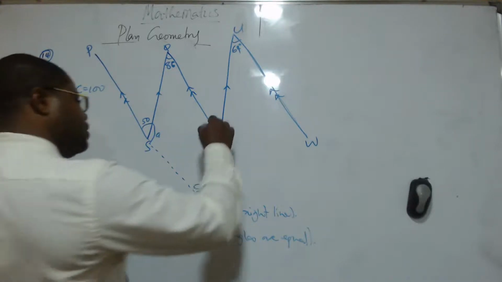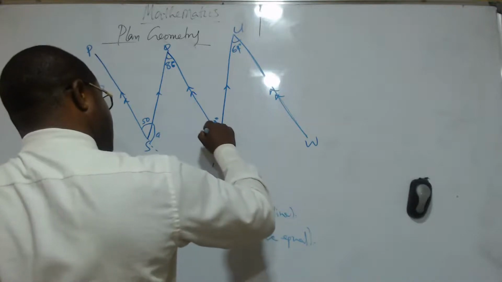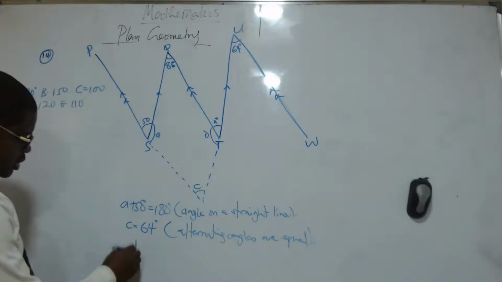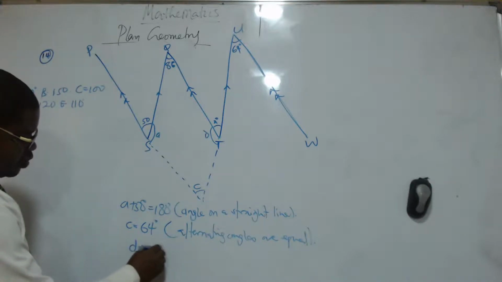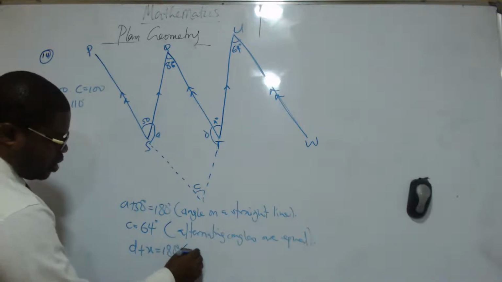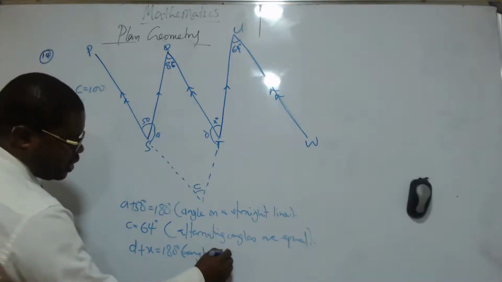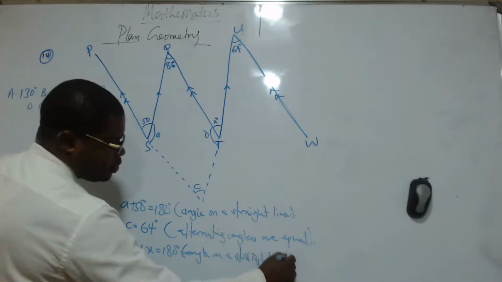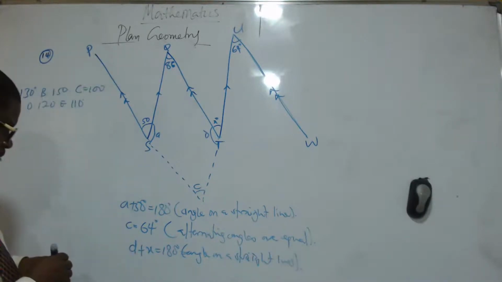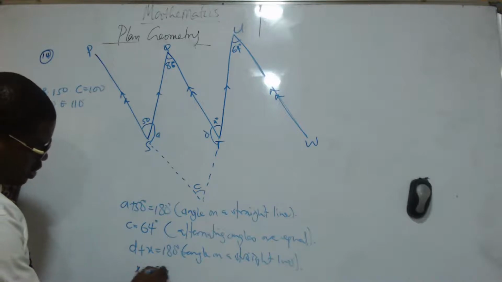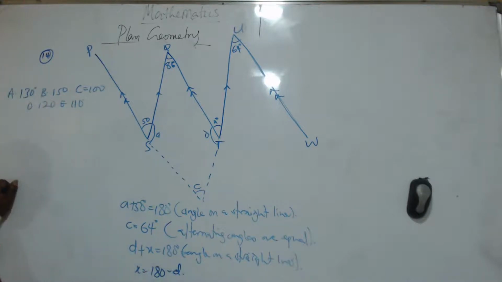Now name this side D. So you're going to have D plus X equals 180. Reason: we have angle on a straight line. Angle on a straight line is 180. So our X now is 180 minus D.